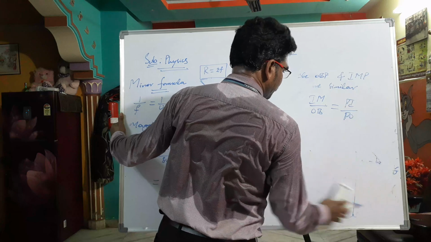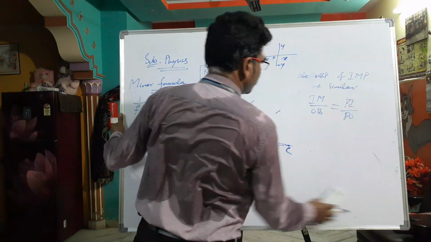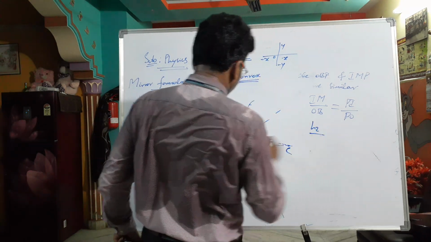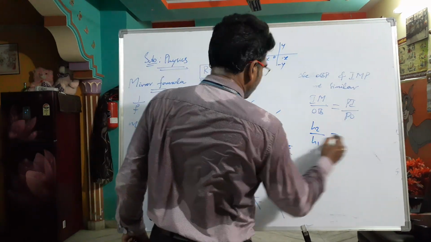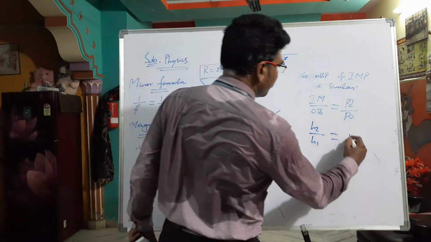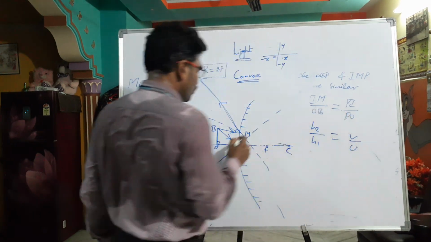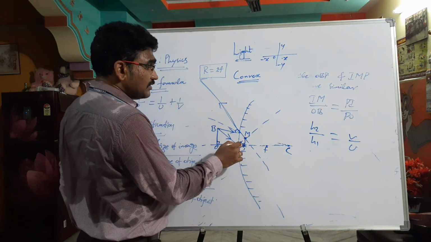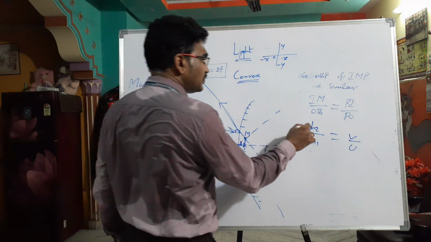Again, IM, that is H2, by OB, H1, is equal to PI, P to I. This is the image point, image distance, PI, V, by U, PO. PO is object distance. Now H2, this height is above the principal axis, so H2 is positive.